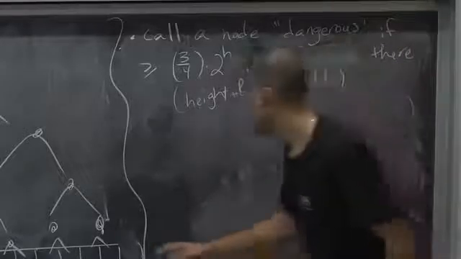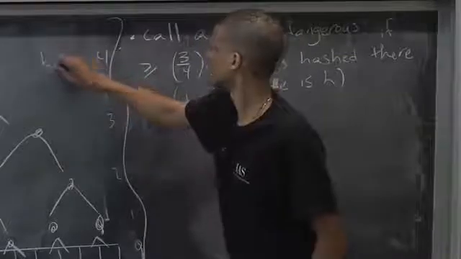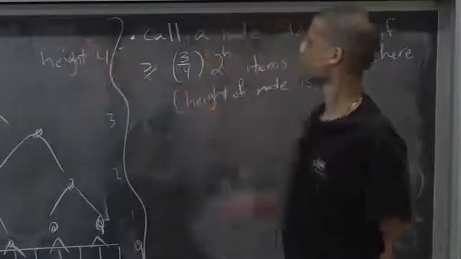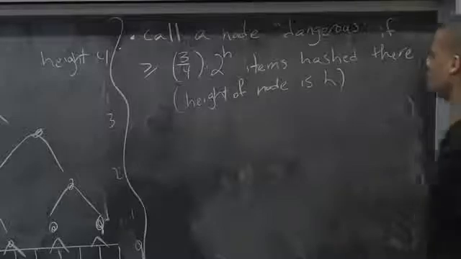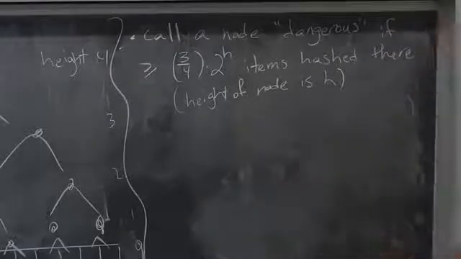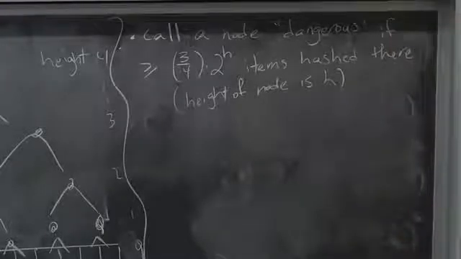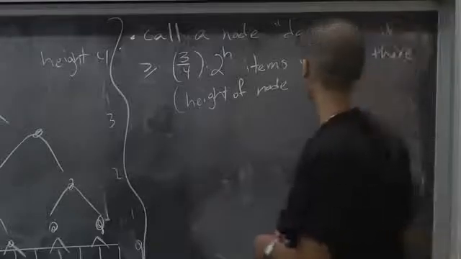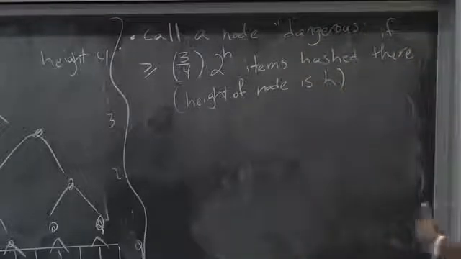So this is height 0, height 1, height 2, height 3, height 4. The number of locations there is 2 to the h, and we're saying that a large fraction are occupied.